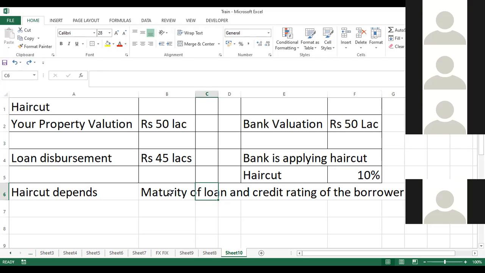So that is how. And then the next is the credit rating of the borrower. Whoever is taking the loan from you, how the credit rating of the borrower is, is also another factor which is going to determine the haircut of the particular transaction or loan that we are talking about at the moment.